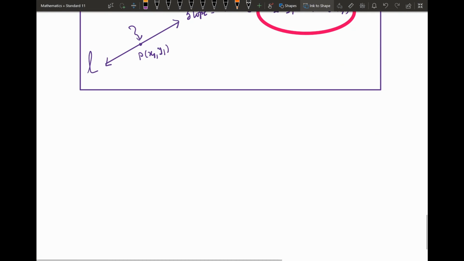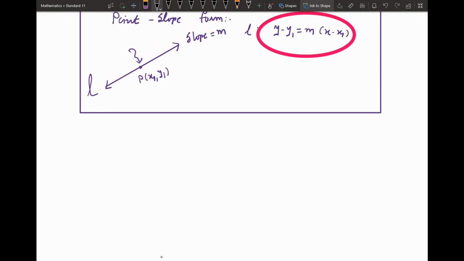For example, we take one illustration of how to use this point slope form.